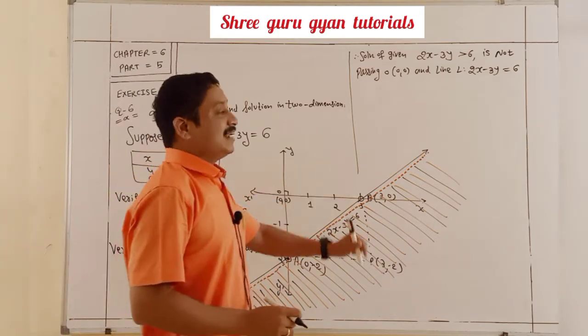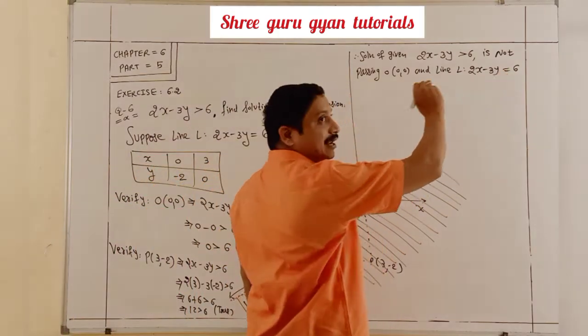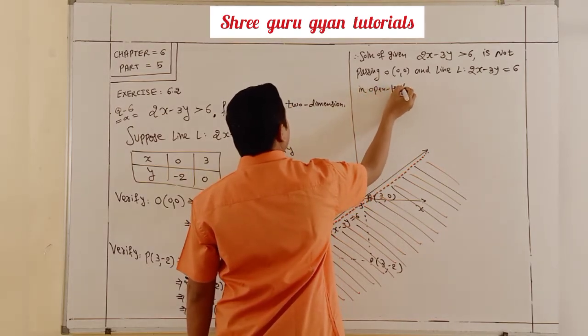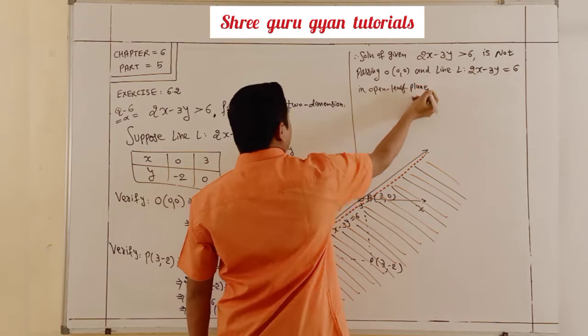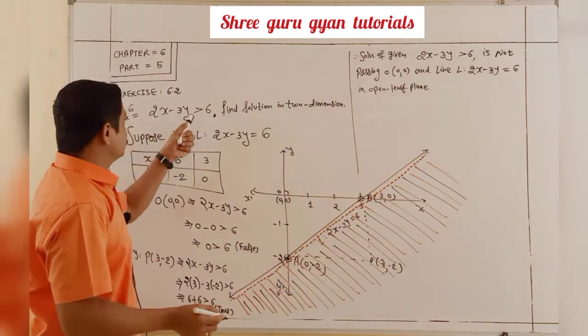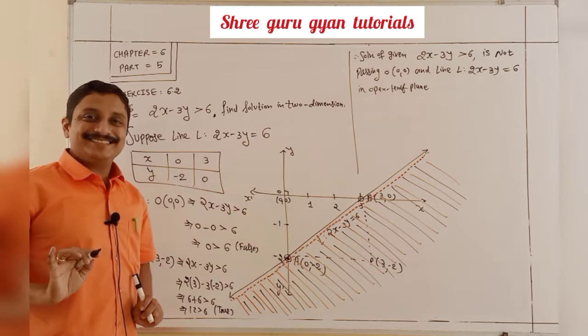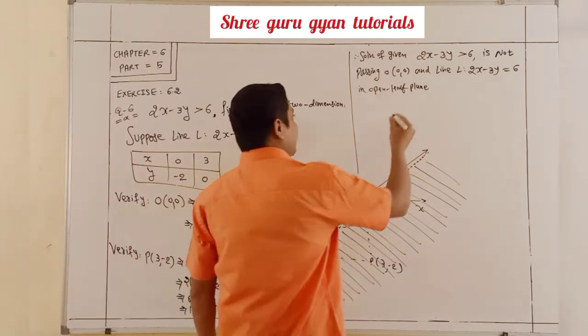Yes, line L, 2x minus 3y equal to 6, in an open half plane. If y equal to is given, then you write closed half plane.